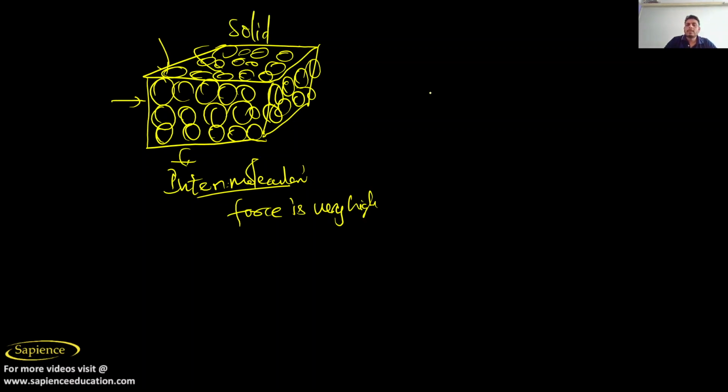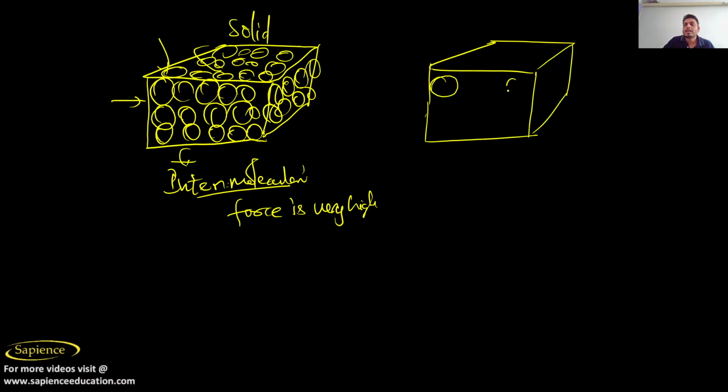Now I will talk about a liquid body. Do you know what type of structure you will see in a liquid? It appears like this. Suppose this is a liquid part.